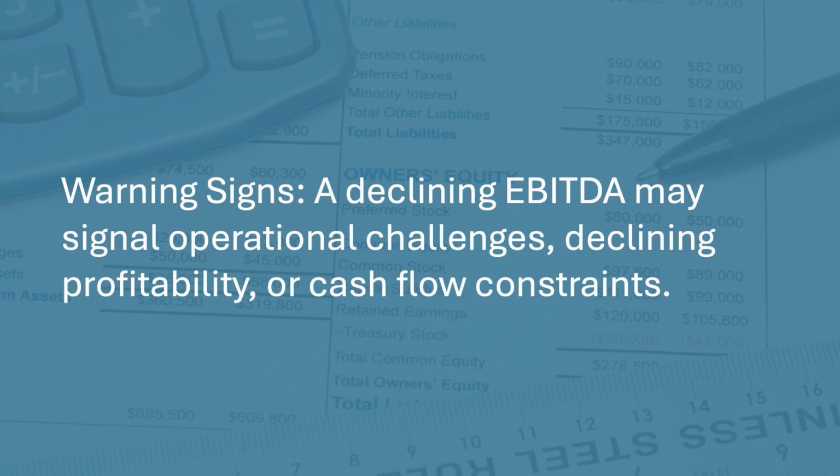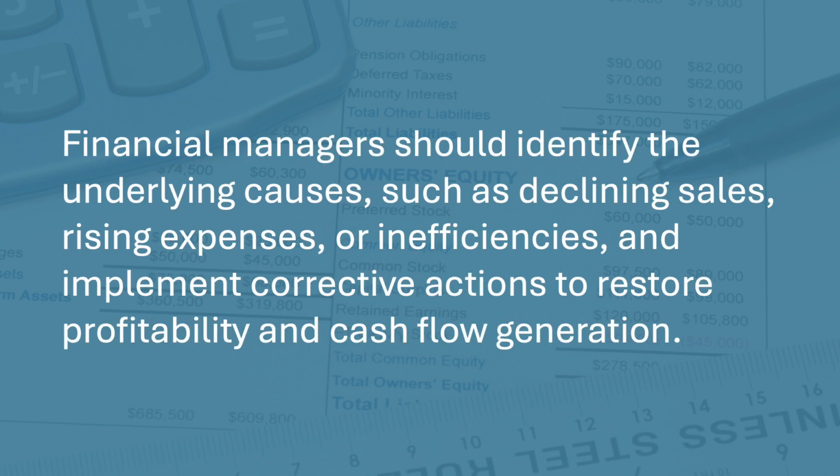Warning signs. A declining EBITDA may signal operational challenges, declining profitability, or cash flow constraints. Financial managers should identify the underlying causes, such as declining sales, rising expenses, or inefficiencies, and implement corrective actions to restore profitability and cash flow generation.